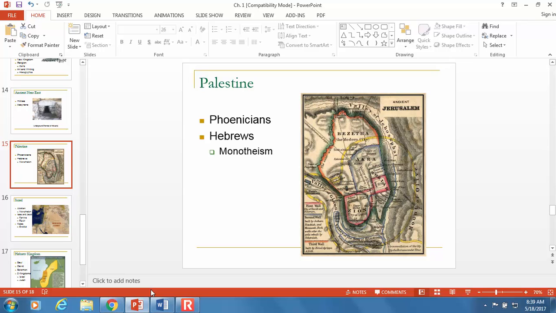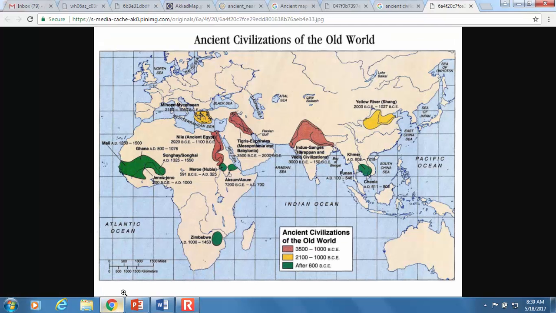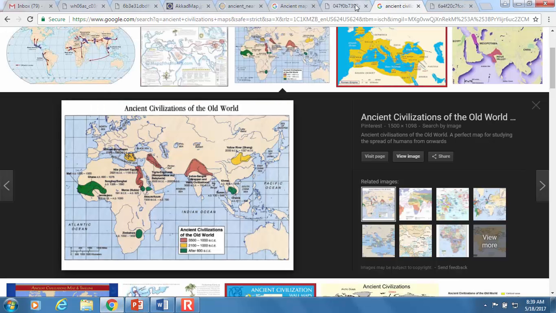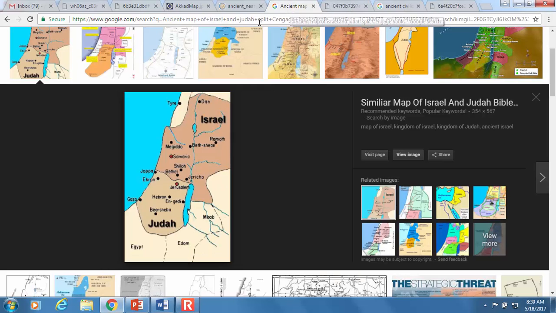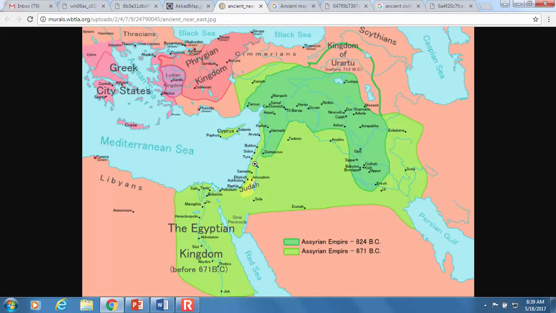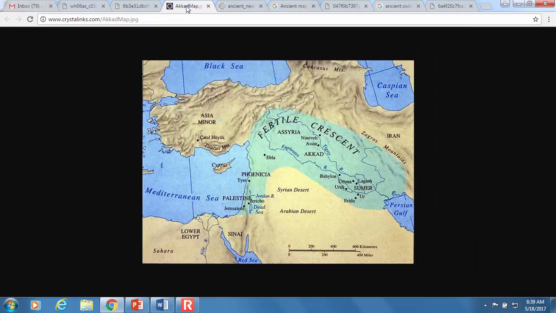So once again, the Phoenicians, they were sea traders. They were located here in the Palestinian region, some people call it the Levant, right?